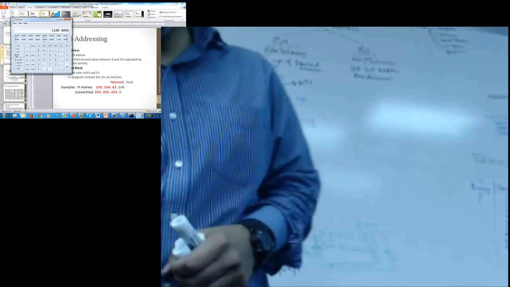8 bits, so add it on the left side. Now, in order to convert it back to the real number, exactly.